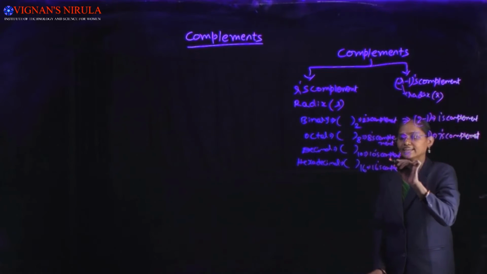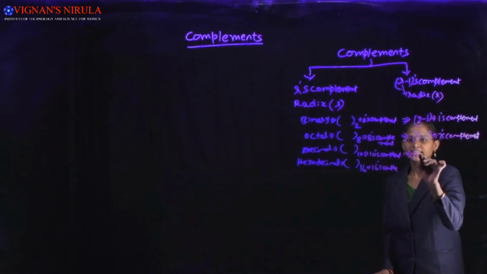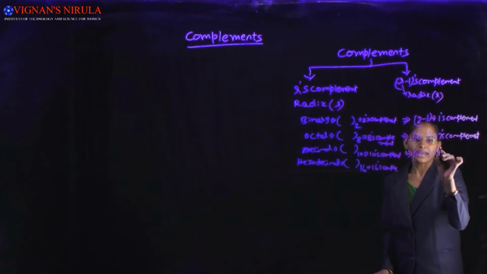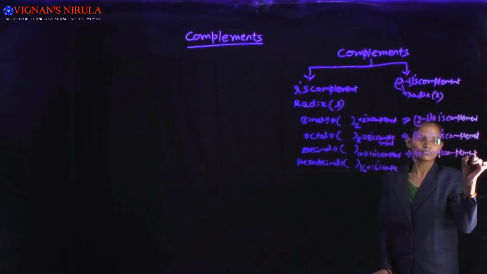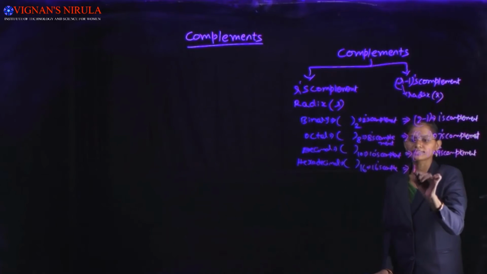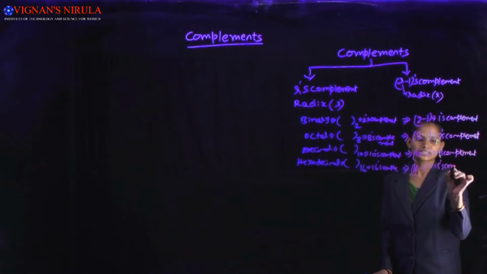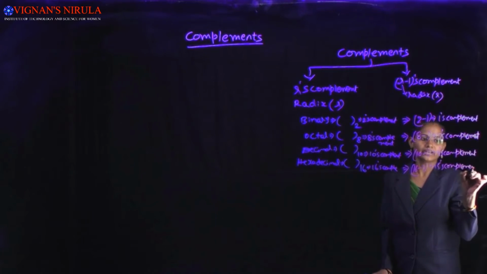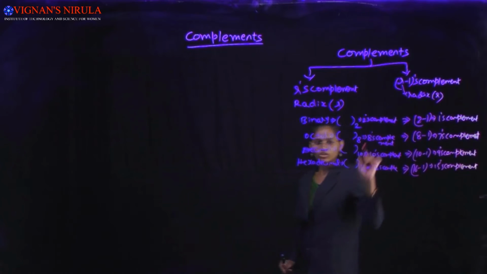For decimal, radix is 10, 10 minus 1, this is the 9's complement. And for hexadecimal, 16 minus 1, finally this is the 15's complement. Okay, and these are the complements.